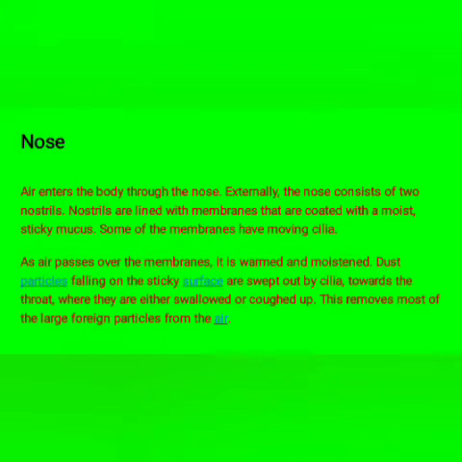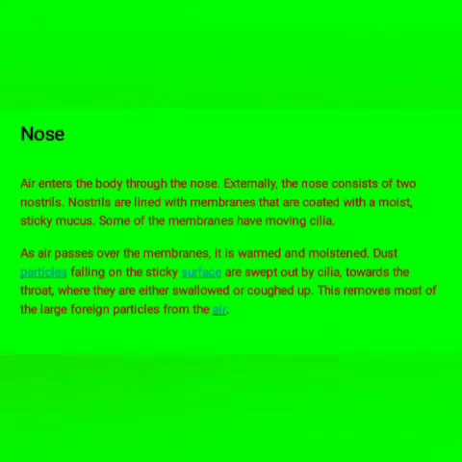What are they? First is, it warms the air as it passes over. Next, it adds moisture to the air. And the third is, its mucus secretion entraps harmful particles. So, we should always breathe through the nose and not through our mouth.